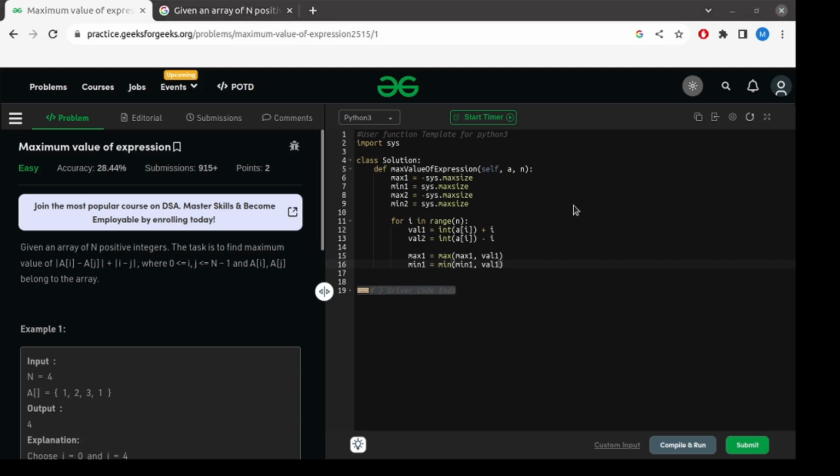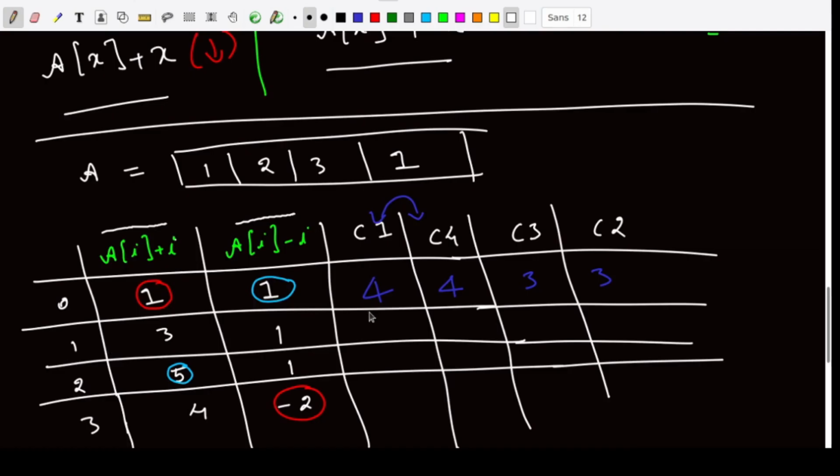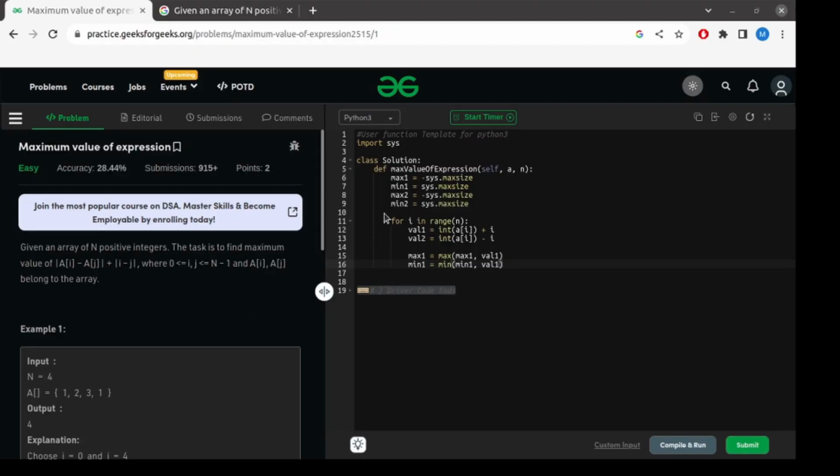So let's look at this. In our solution, in case 1 or case 4, which is the same thing, now we understand that. In case 1 we were finding the maximum value of ai plus I and minimum value of ai plus I, and we were finding the difference between these two. So that is what I am trying to do here. I am trying to find out the maximum value and minimum value in the operation ai plus I.